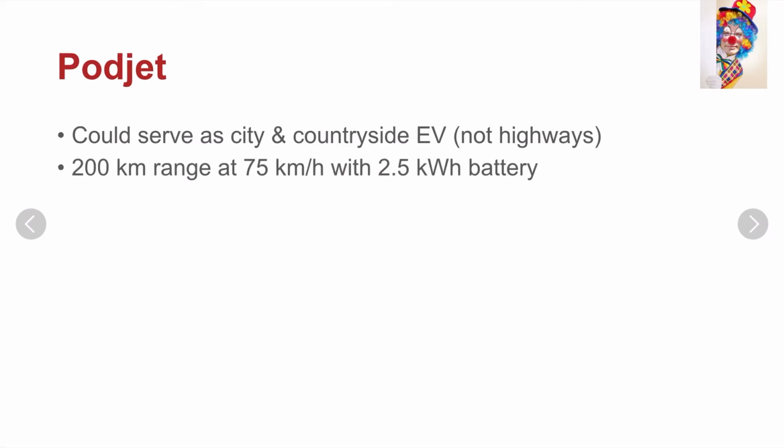As I said, you have approximately 200 kilometer range at 75 kilometer per hour with such a 2.5 kilowatt hour battery. And such a battery you can take out of the vehicle and charge outside the vehicle. This would also be a good benefit.